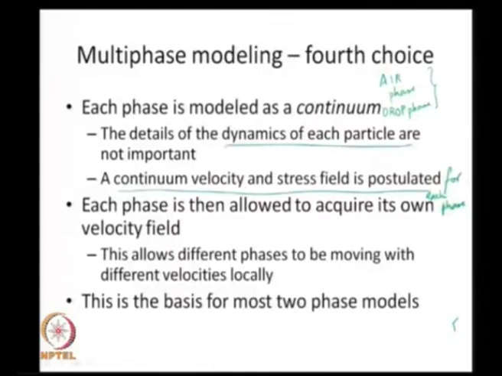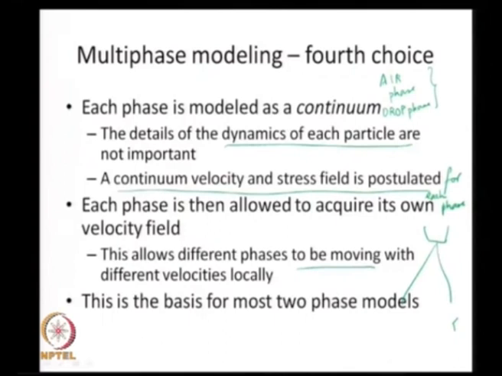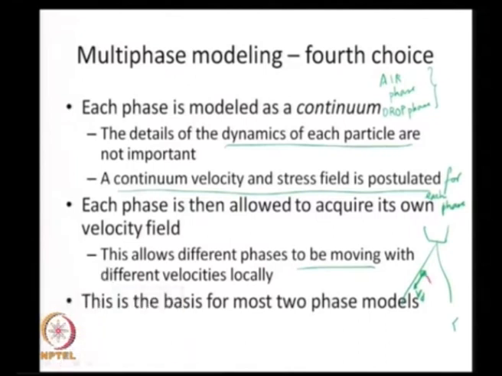So, what this actually does is now the drop phase can go where it wants to go and the air phase can go where it wants to go. So, if I take a spray for example, say if I take a region here, the drops probably want to go in this direction, but the air may want to go in a slightly different direction. The reason for this is actually due to entrainment.